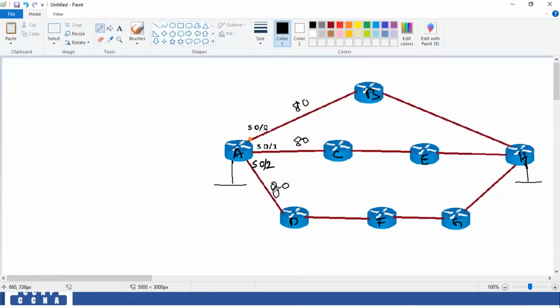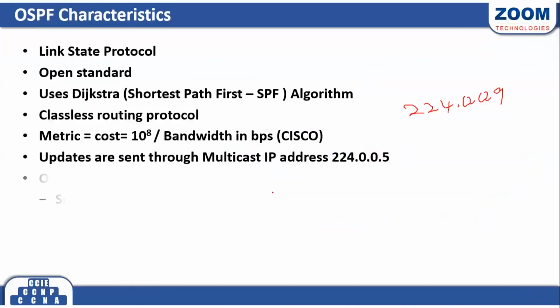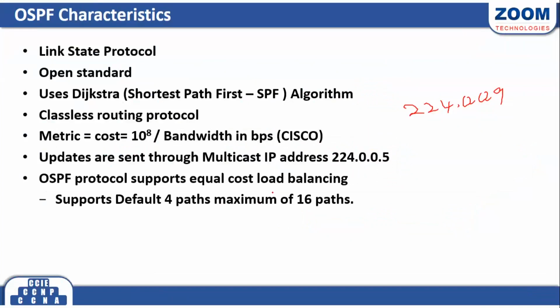Bandwidth is same, 80 Mbps, 80 Mbps, 80 Mbps. So even OSPF also supports load balancing when there is an equal cost. Now bandwidth is same for all interfaces, so load balancing actually. OSPF protocol supports equal cost load balancing for 4 paths.